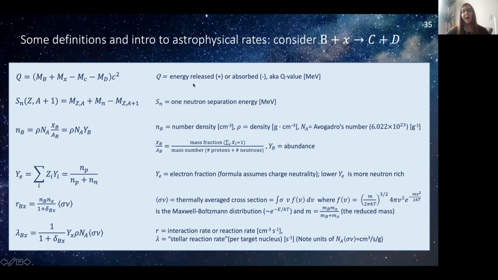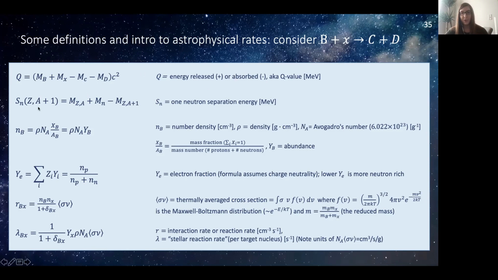So if you have a positive Q value, you have energy released. And if you have a negative Q value, your reaction needs energy in order to go. It needs to absorb some energy in order to proceed. So the larger and more positive of a Q value you have, the more likely you're going to have a reaction move forward quickly. Okay.